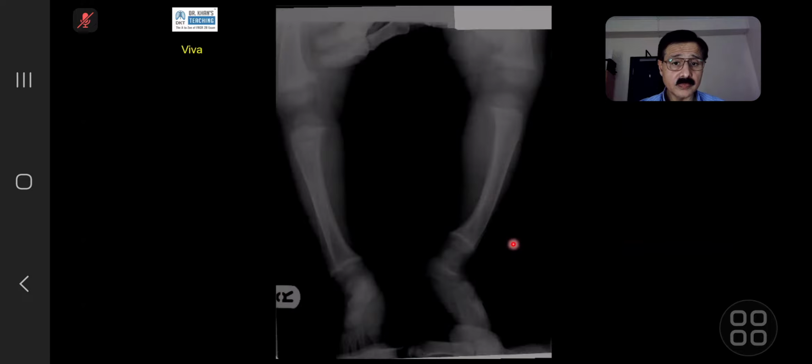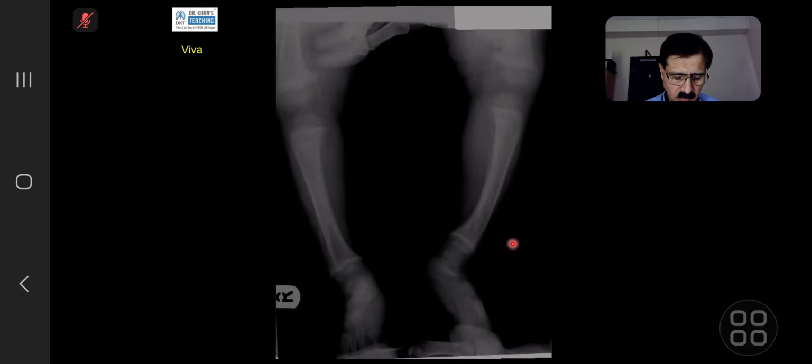Yes, please. I am presenting with, look at both the tibia. Look at the tibia. Yes. There's a bowing of the left tibia. I think both tibia, more on the left side.